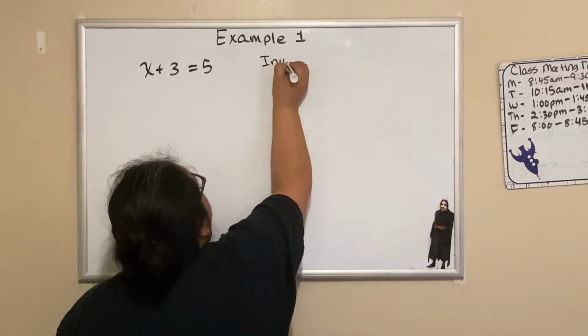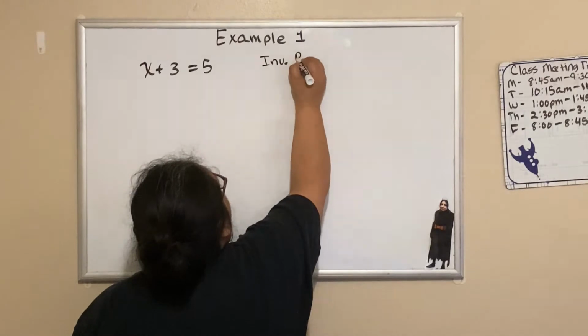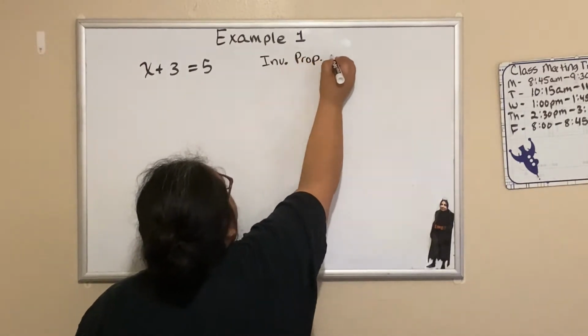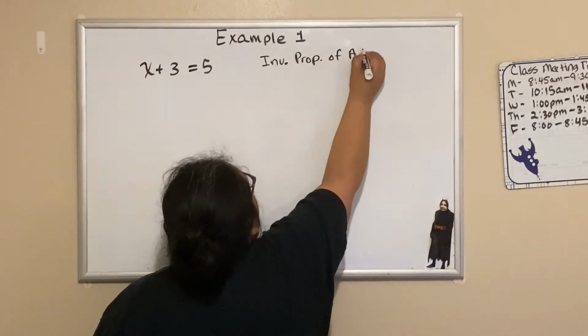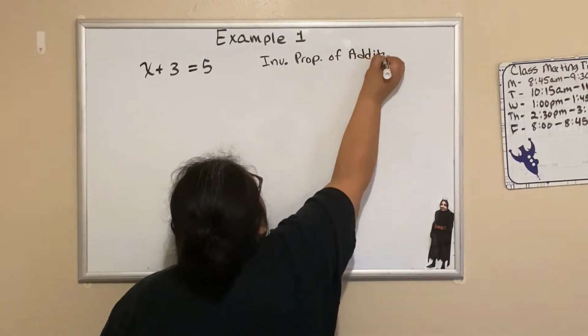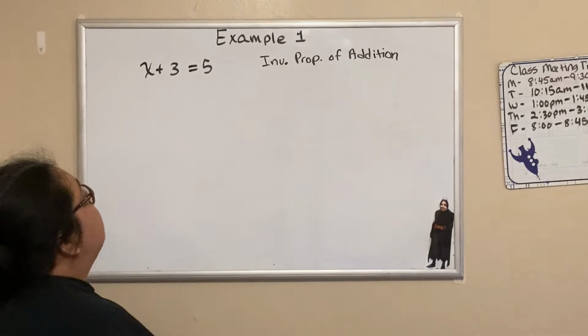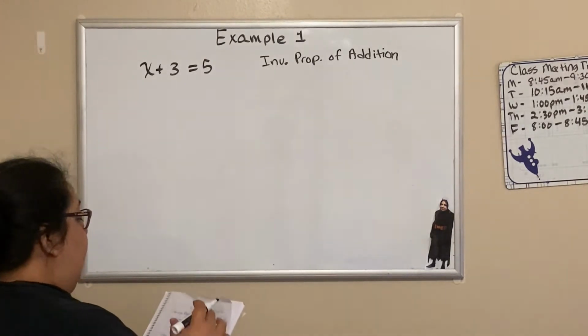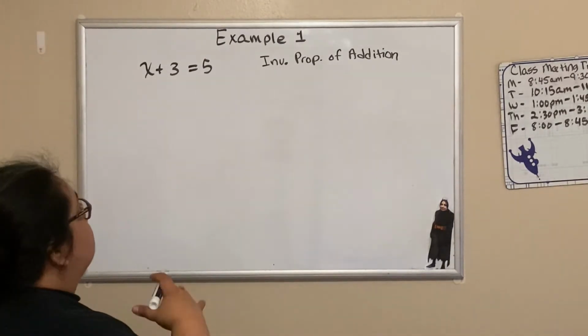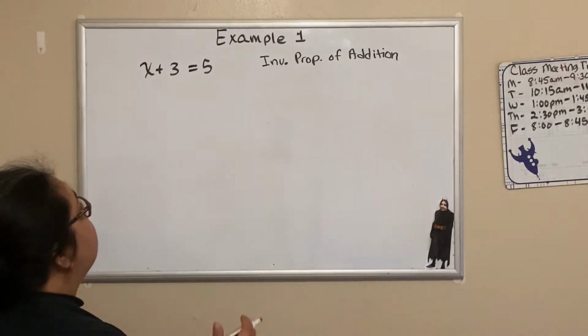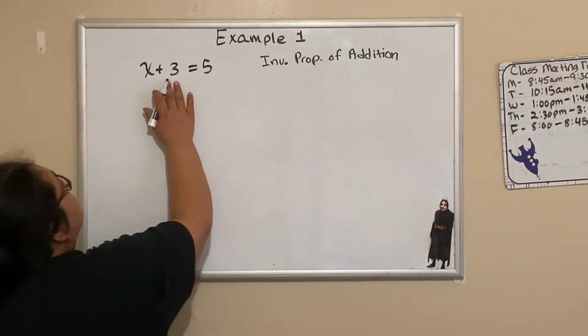So I'm going to say INV for short, inverse property of addition, okay? And the inverse property of addition says that if I have a number and I subtract that same number, I get 0. So that's what we're going to do to 3 right here.